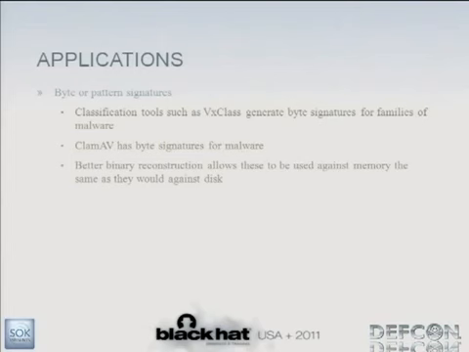So we could use this to search memory, and it was fun, but we got some false negatives. By utilizing the image section objects and so forth, we no longer get the false negatives, so it's more useful to us. Also, how many people have ever used ClamAV? The large number here, they've heard of it, they used it. Well, ClamAV also has this concept of a byte signature match for malware.